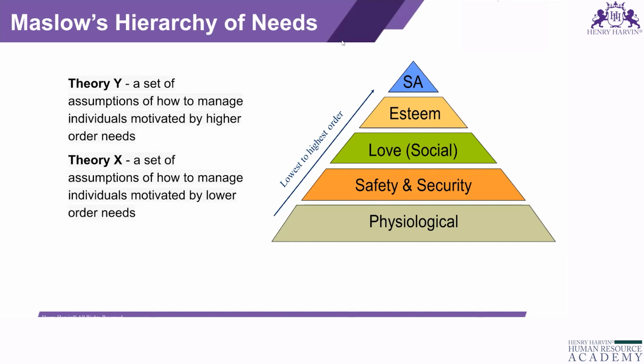That is already met, and the social needs too. So he will look forward to the next level of need in the hierarchy. So there is this theory Y, for individuals motivated by higher order needs, and theory X is for lower order needs. That's how it's divided into theory X and theory Y. This is Maslow's hierarchy of needs, very popular whenever we talk of motivation theory. This is the most popular theory.